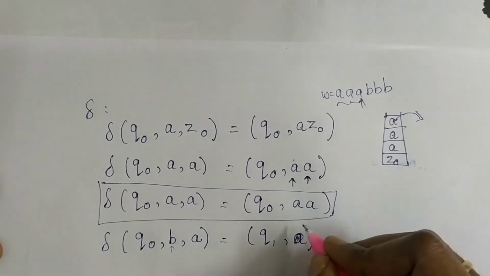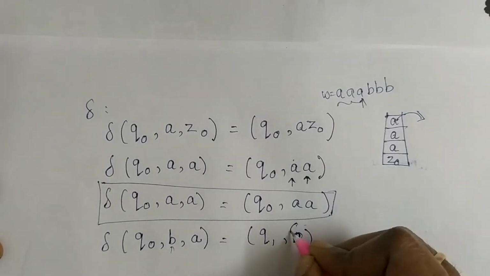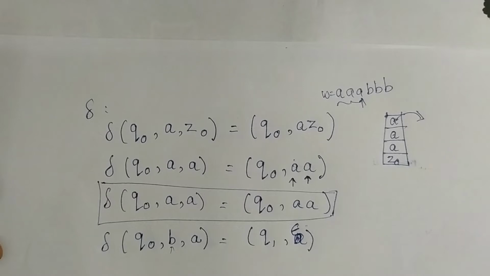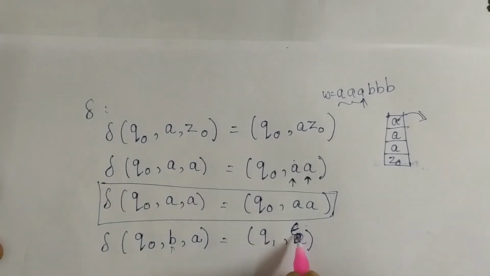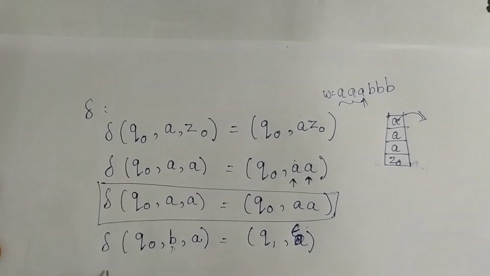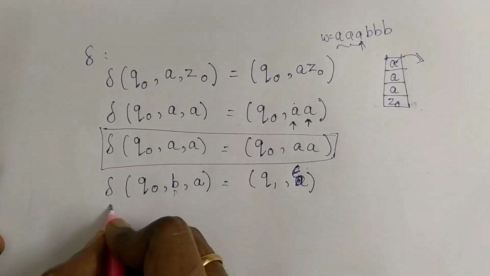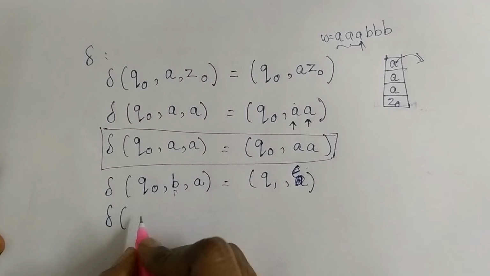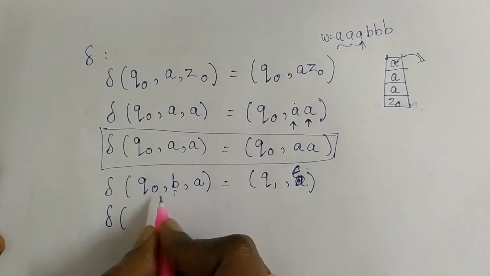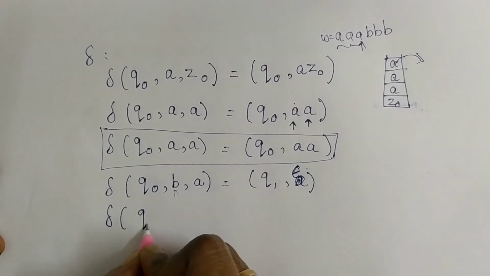For mentioning this popping, we give the symbol epsilon. Next are again the same transitions.